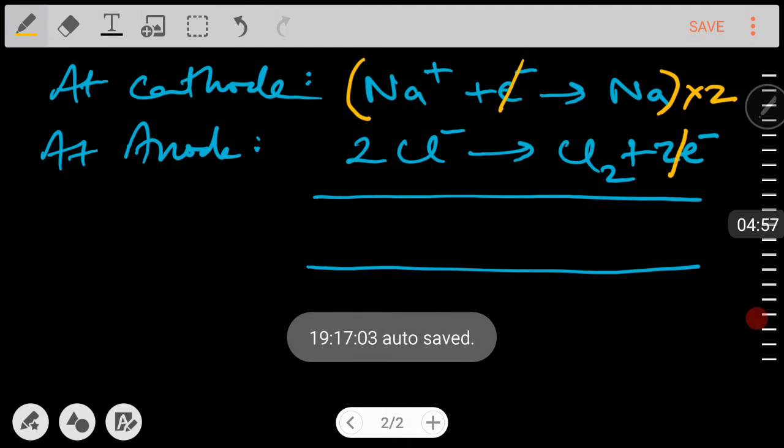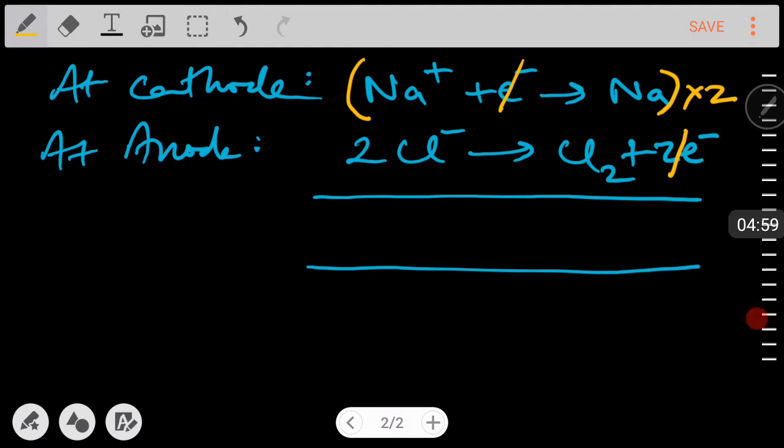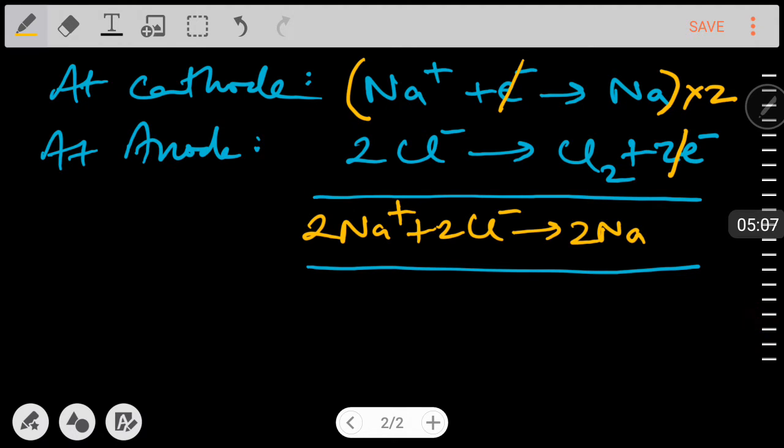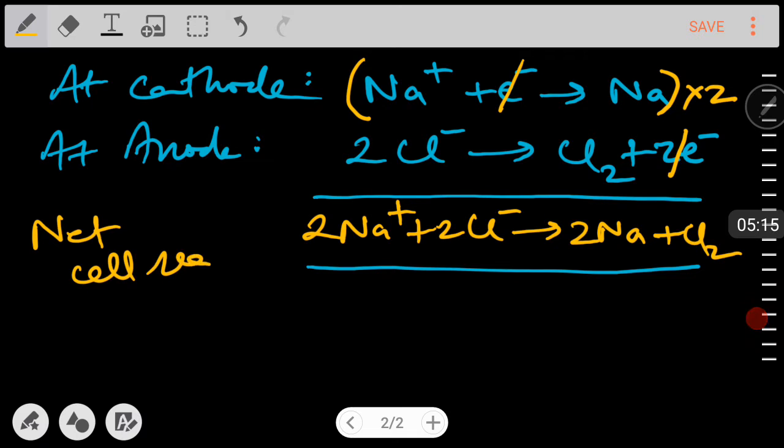Now add the two equations, and you will get 2Na+ + 2Cl- = 2Na + Cl2. So this is the net cell reaction occurring in this electrolytic cell.